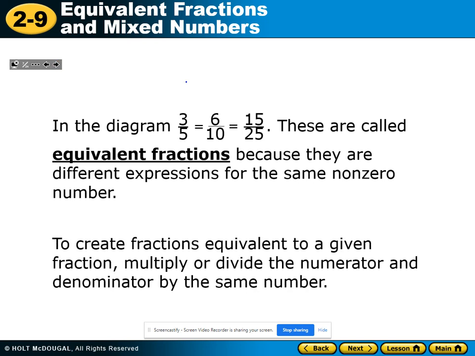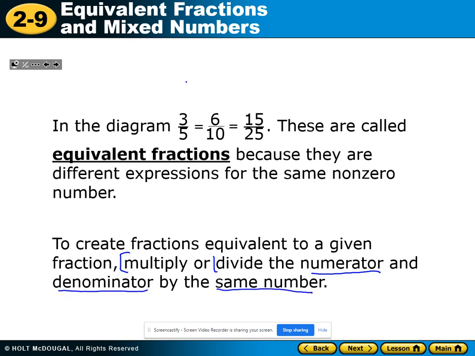All right? To create fractions equivalent to a given fraction, multiply or divide the numerator and the denominator by the same number. Key thing. Multiply or divide the numerator and denominator by the same number.